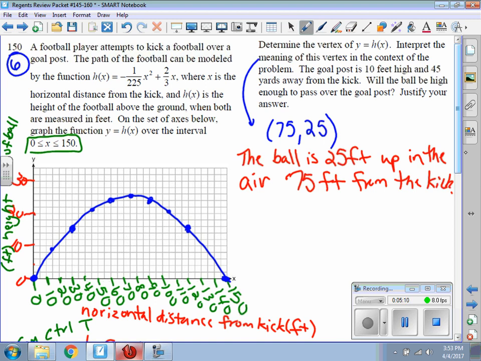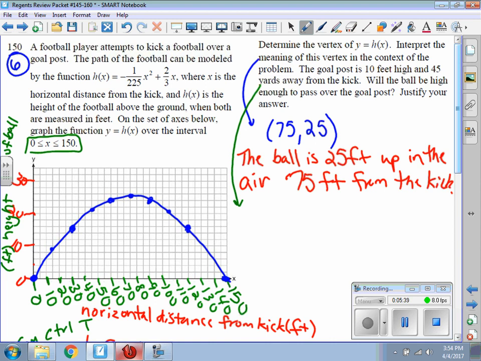The third part of the question adds a little more. The goalpost is 10 feet high and 45 yards away from the kick. Will the ball be high enough to pass over the goalpost? Justify your answer. So we're being told that a goalpost is 10 feet high. I didn't know that. And the goalpost is 45 yards away from where the ball is being kicked.